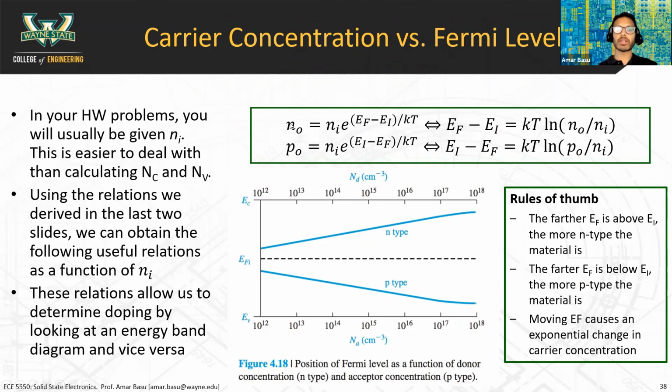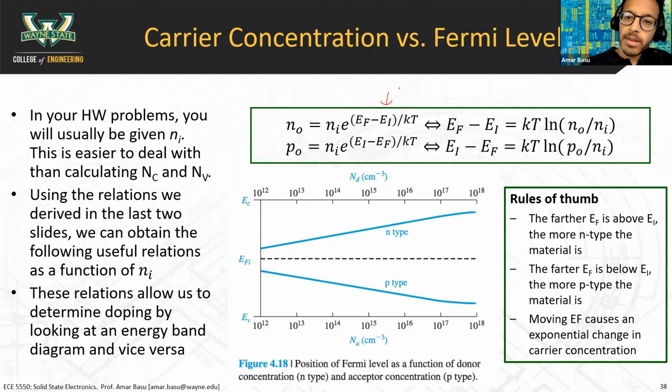So if we look at the electron concentration here, the electron concentration is equal to n sub I e to the E_F minus E_I over kT. So you can see that the electron concentration depends greatly on the position of the Fermi level relative to the intrinsic level. This is a new concept that I'm going to introduce here.